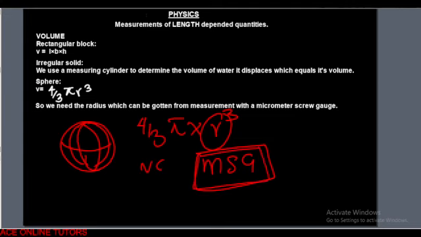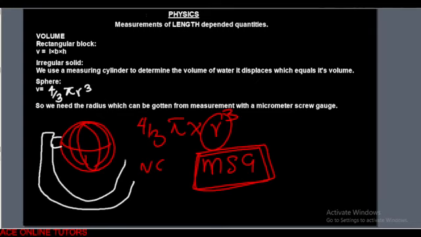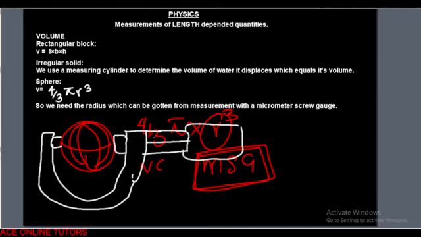But don't forget that the micrometer screw gauge can only measure from here. You are going to place it this way. So this is our main scale, and here we have the vernier scale.